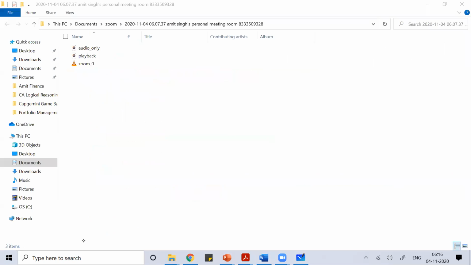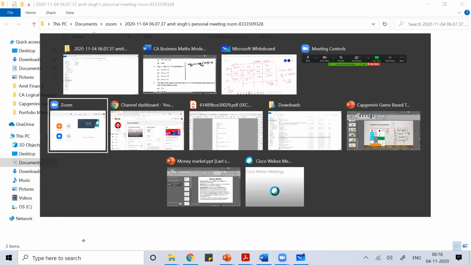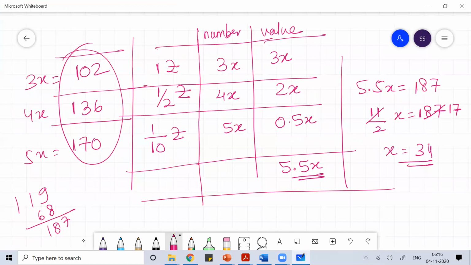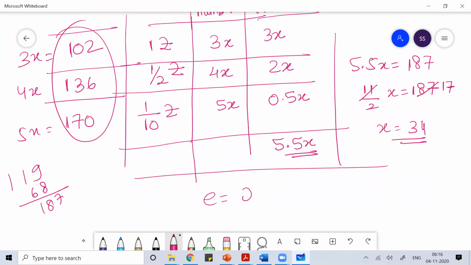e is Euler's number, an irrational constant. The value of e is 2.71828. You can remember this. It is an irrational number like pi.